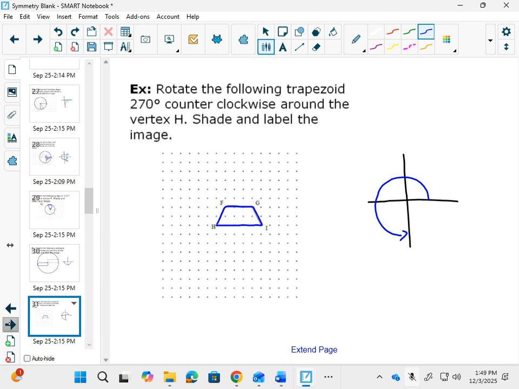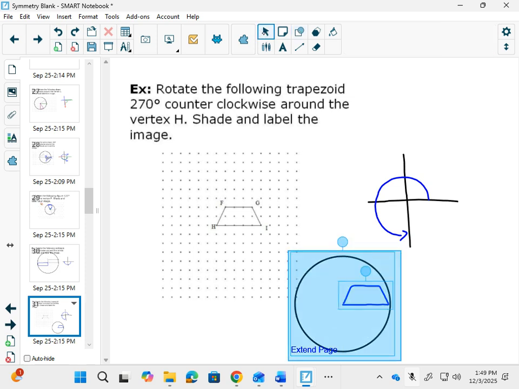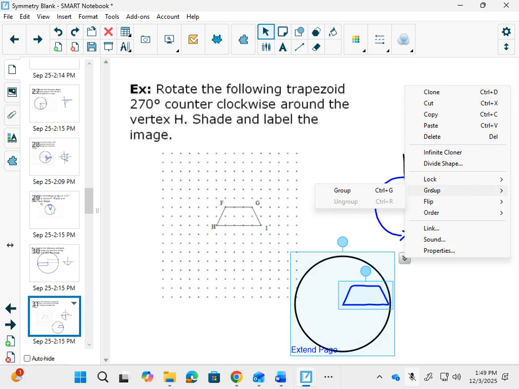Okay, there's my shape. If 180 is right here, vertex H, so what's 180? I think it'd be right here.